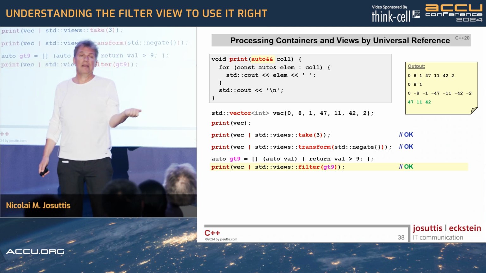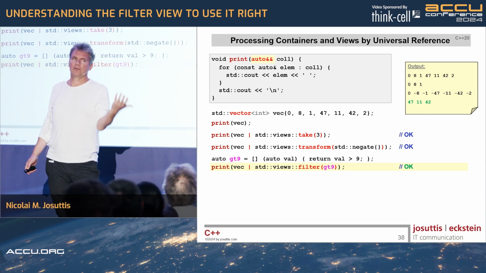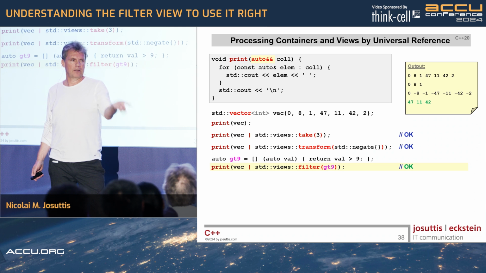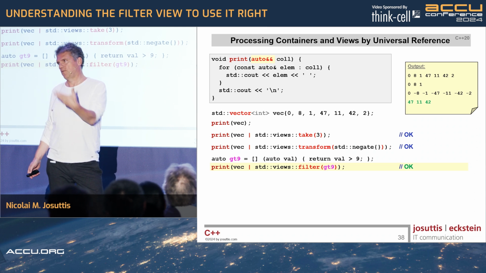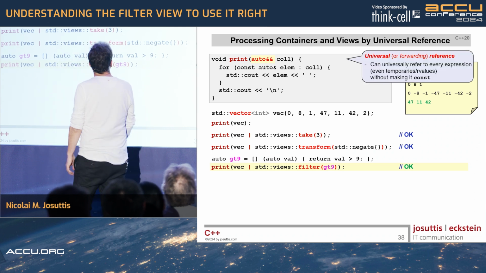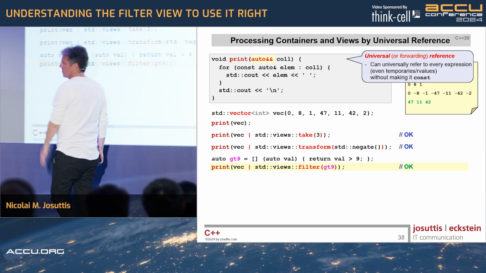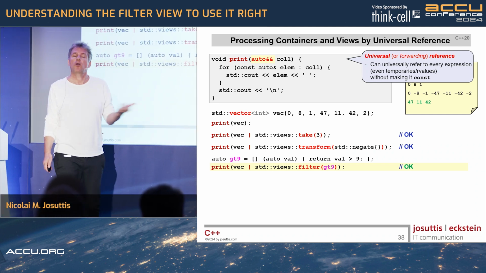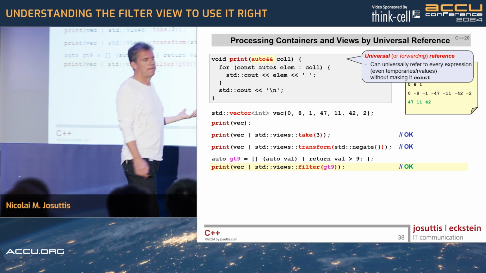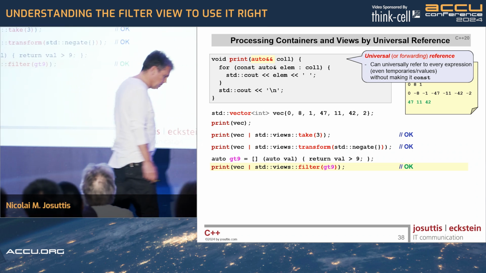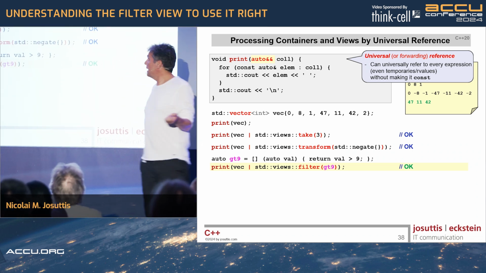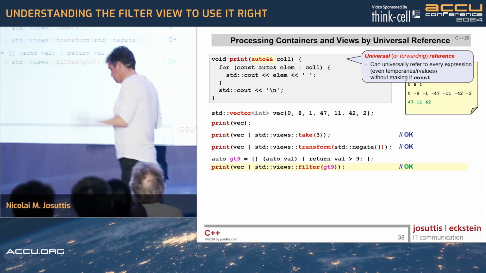Because we need a function that takes both rvalues and lvalues, so objects with names and objects that are temporary. And for that, we have universal references. And with that, the code works. So I only have to teach each and every programmer to go through all my generic functions that take a container and convert them to a universal reference. Awesome.